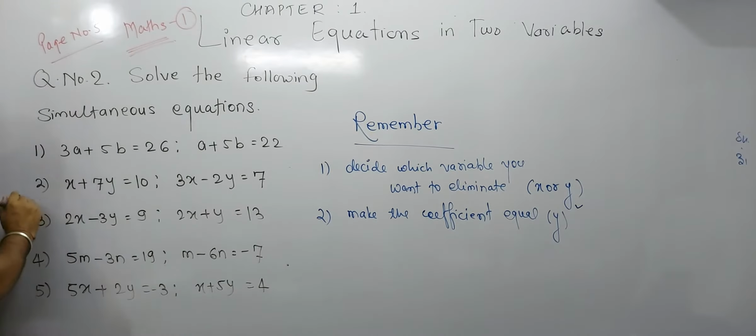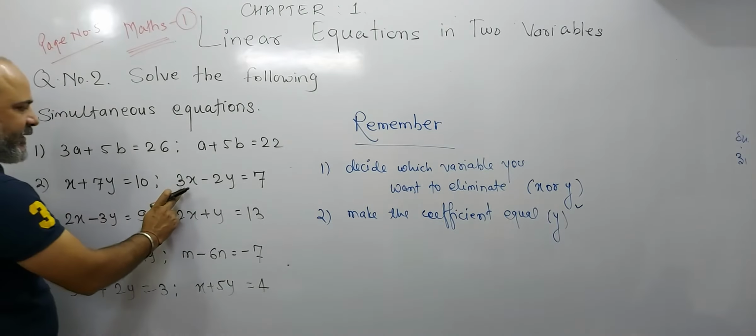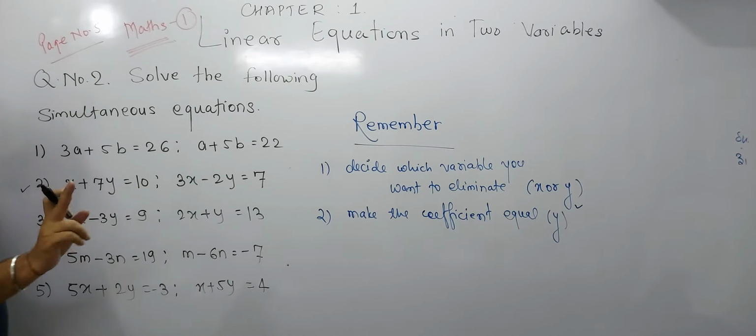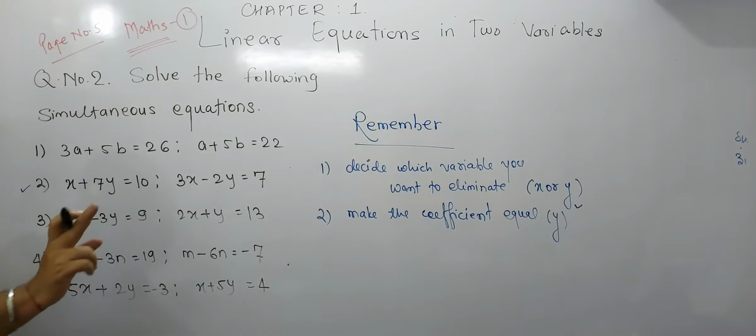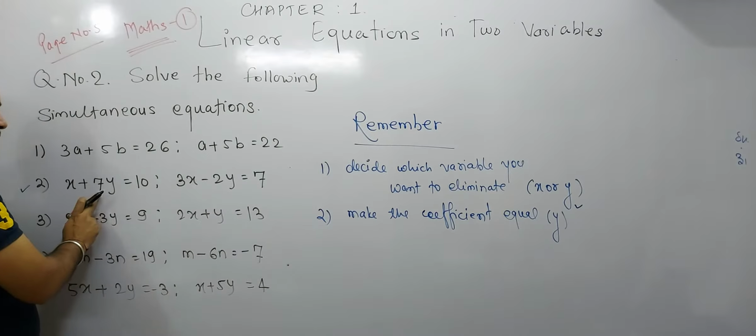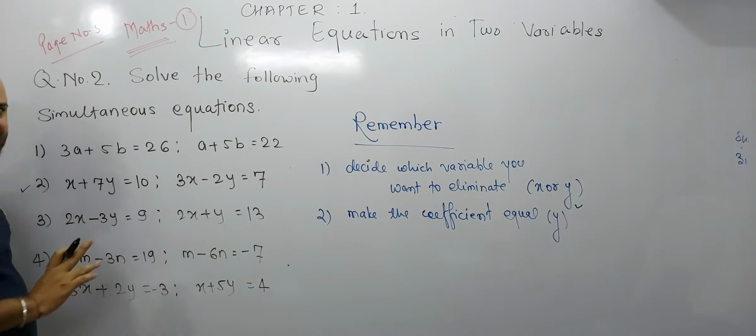For example, this is equation number 2. Here x and y are there. If you want to eliminate variable y, make their coefficients equal. Here it is 2 and here it is 7, so make their coefficients the same.